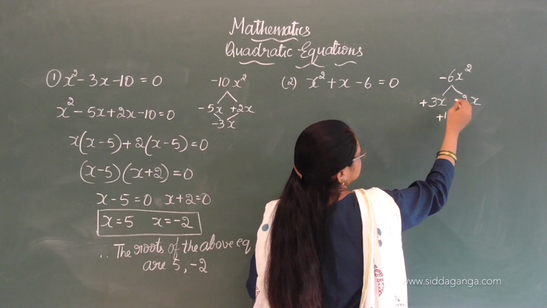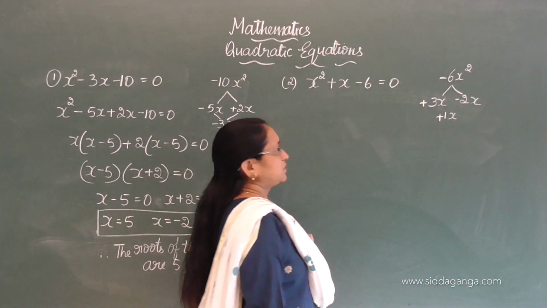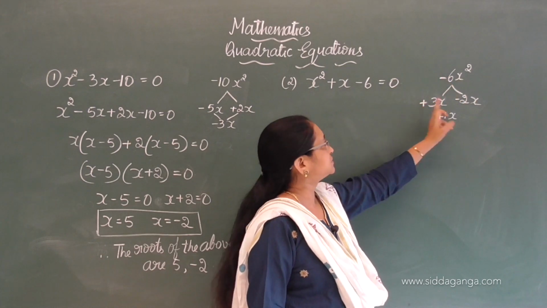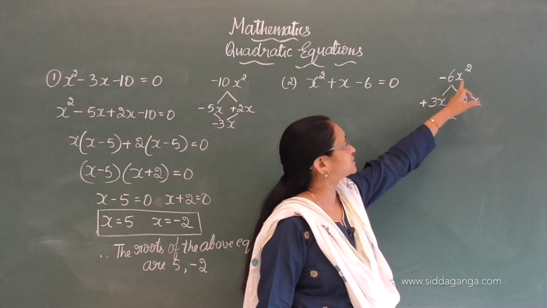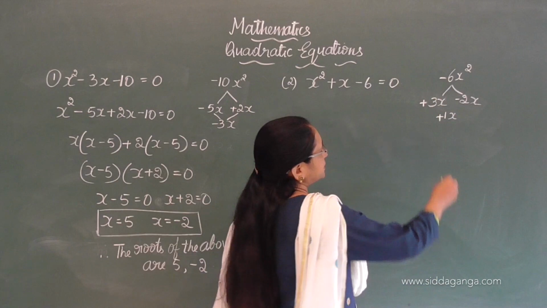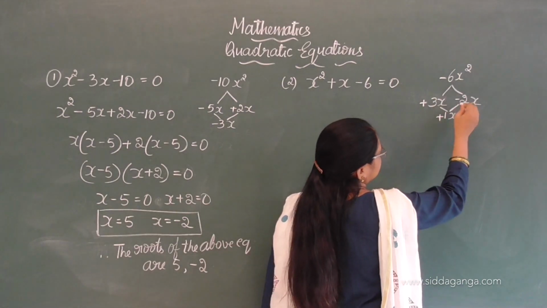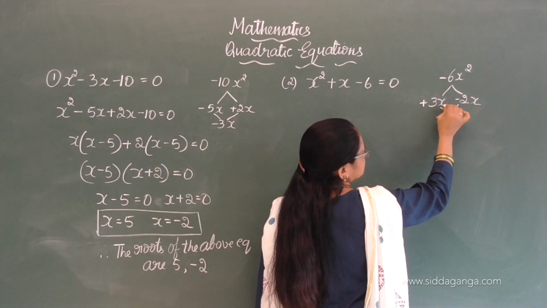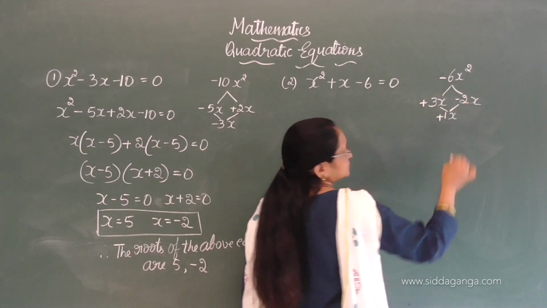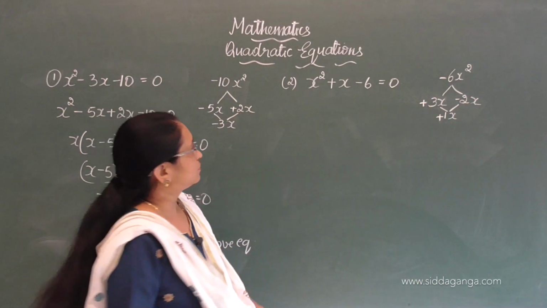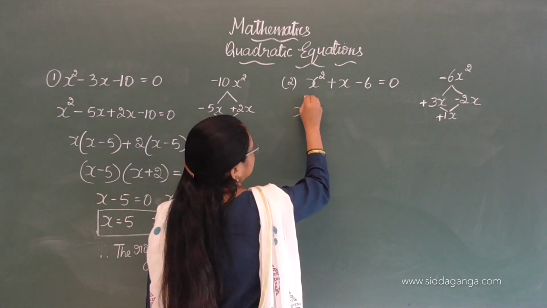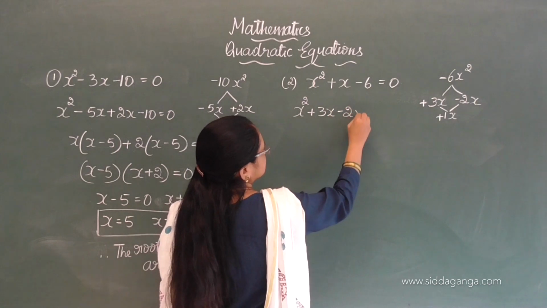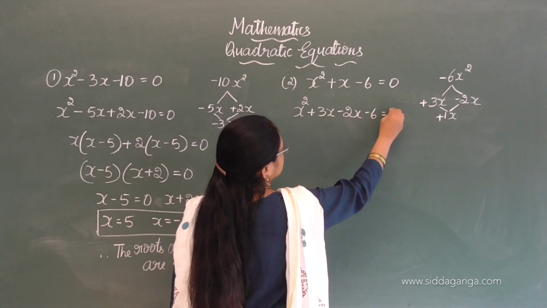So this plus into minus. Why? Because see here 3 2s are 6. Plus into minus, minus, x into x, x square, okay. But here the greater number sign is plus, and difference, because 3x and minus 2x gives you 1x. Now we can split plus 3x minus 2x minus 6 is equal to 0.